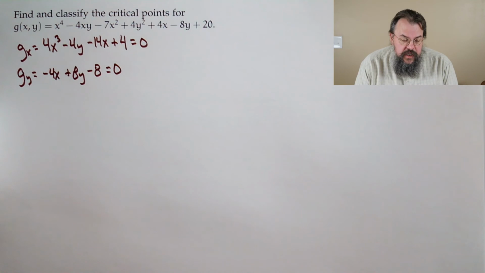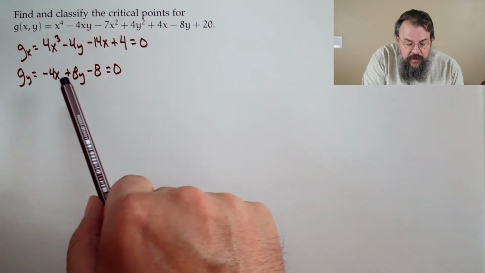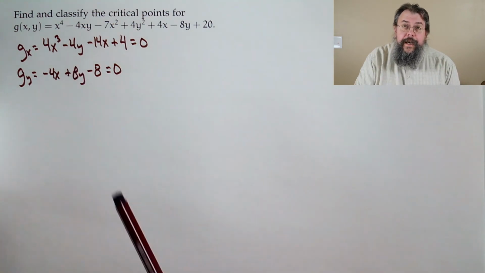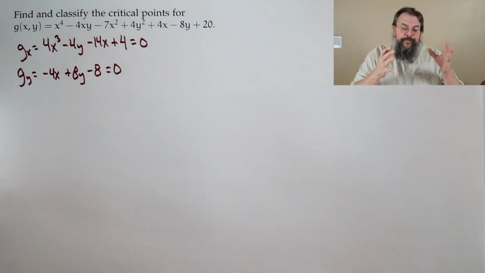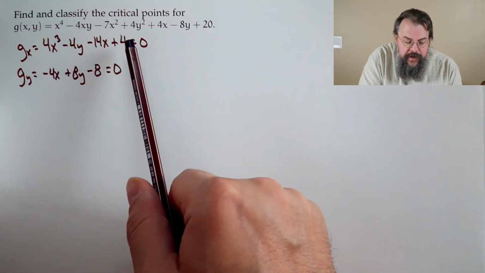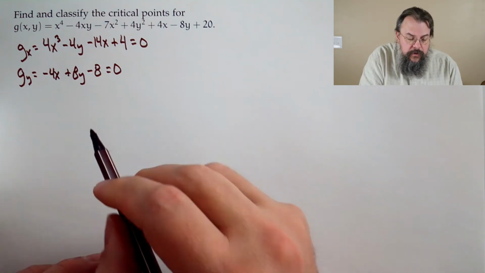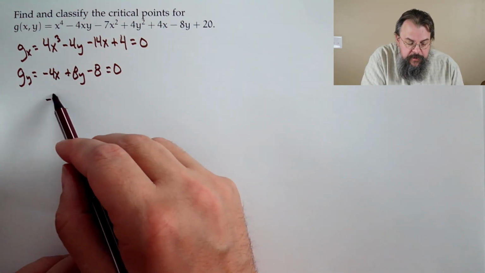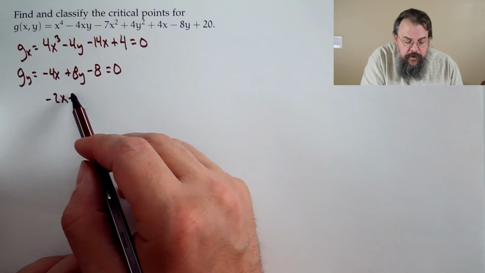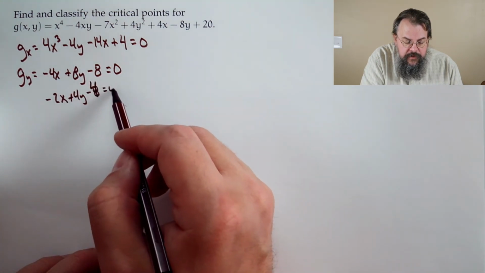In particular, we could solve for x or solve for y, looking ahead. There's only a single y there, so let's try to replace the y by x. This is the same as minus 2x plus 4y minus 4 equals 0.